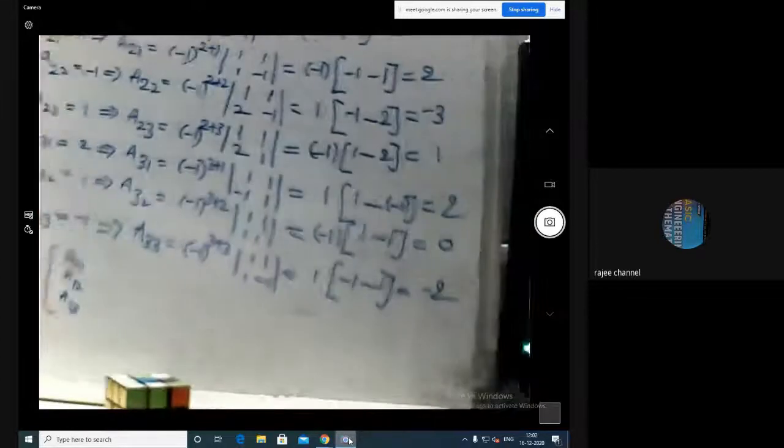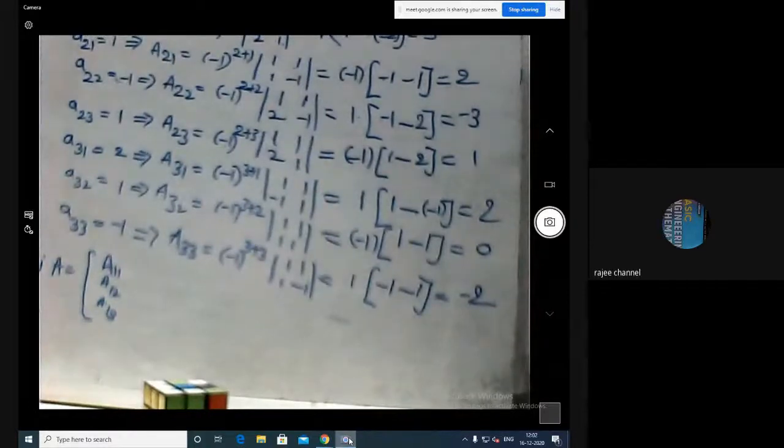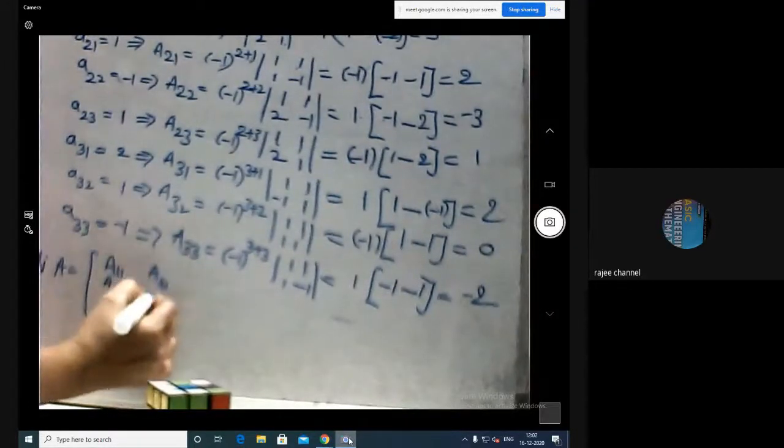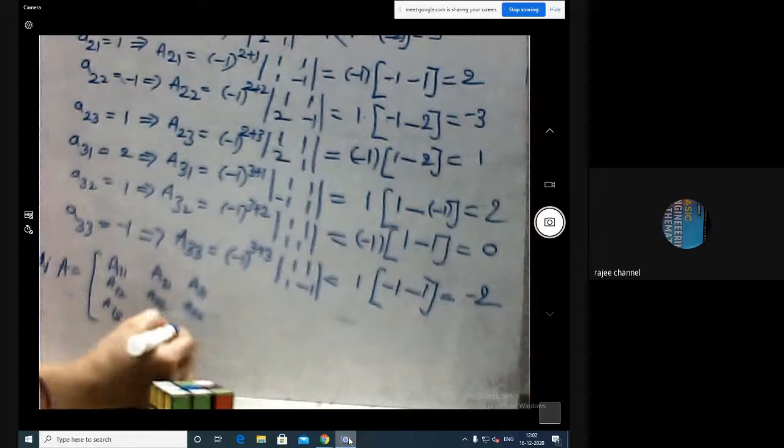So next, these values are substituted in adjoint A. Adjoint A matrix form is capital A11, A12, A13, next A21, A22, A23, A31, A32, A33.